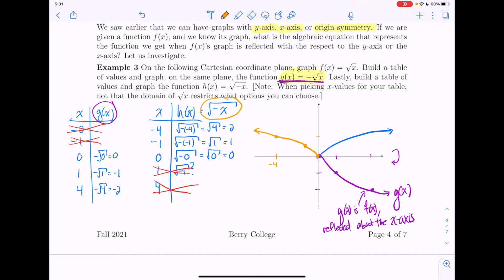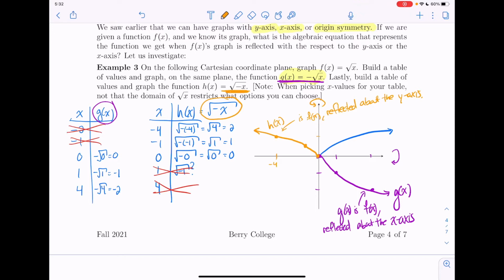And we see that this object, h of x, is f of x, but it's been reflected about the y-axis. And we see there h of x had a negative multiplied on the inside.